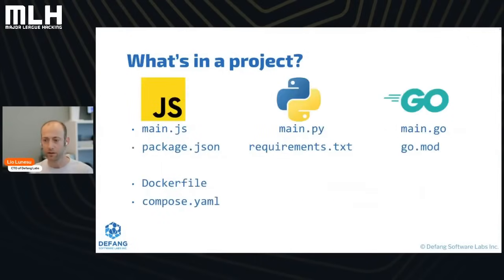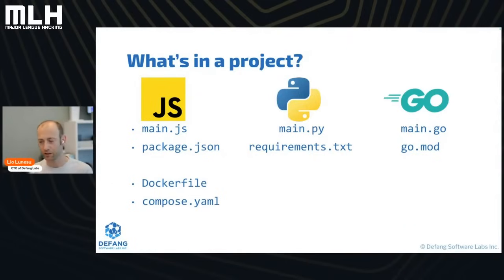And so what is that project? What is a project? Defang Generate creates a project for us. What is in it? As we've seen before, there's a compose YAML. And then, depending on the language that you picked, you'll have different files in there. For a JavaScript project, you can expect a package.json and a main.js file.